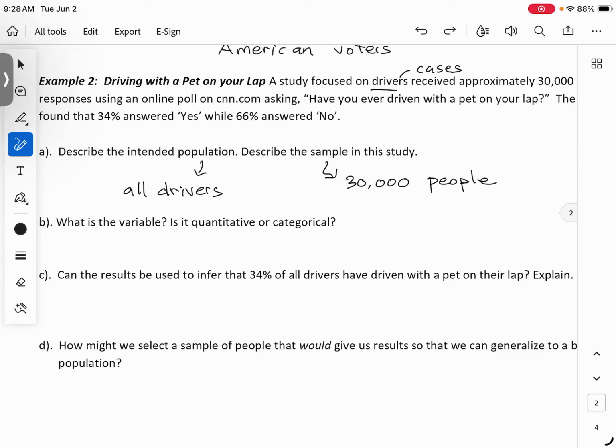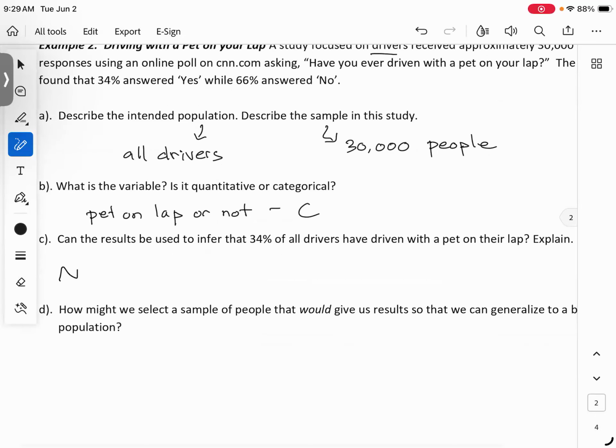And again, we can shorten that, pet on lap, or if you want to just go ahead and put both choices, pet on lap or not, which would be categorical, since it's either a yes or no thing.